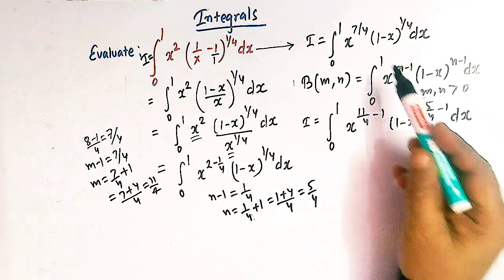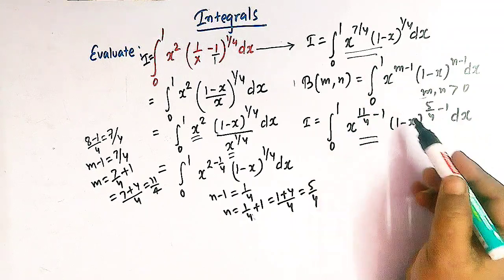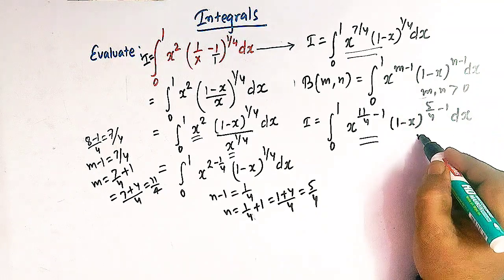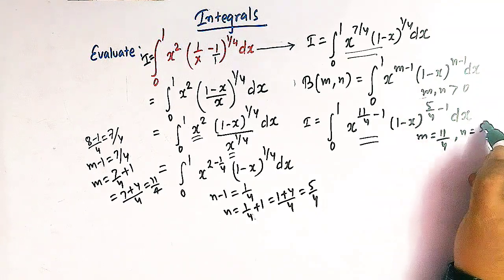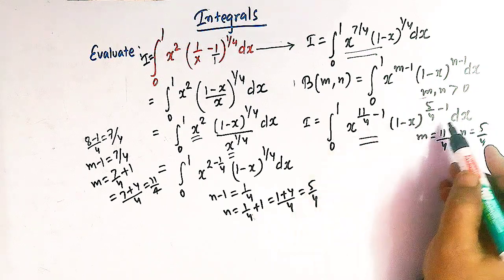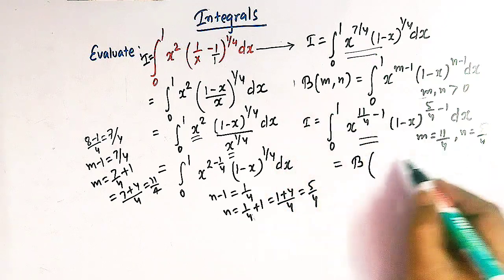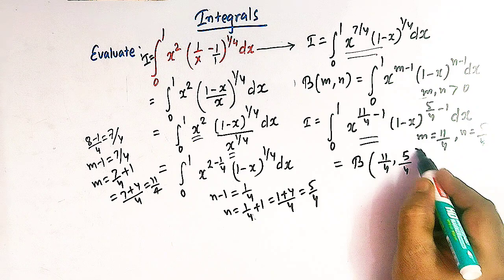Now we have expressed this integral like this, and if we see the two integrals, we have m equal to 11 by 4 and n equal to 5 by 4. So this integral is now equal to beta of (m, n), where m is 11 by 4 and n is 5 by 4.